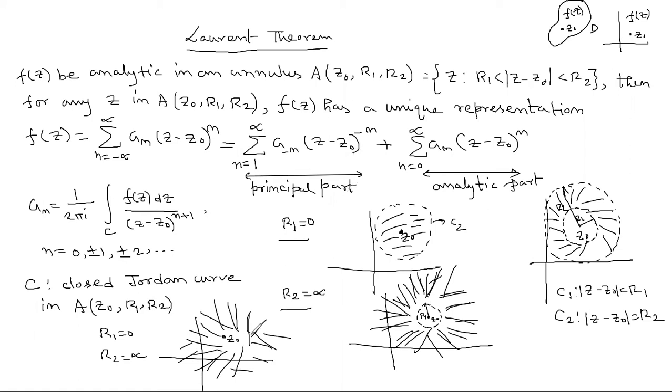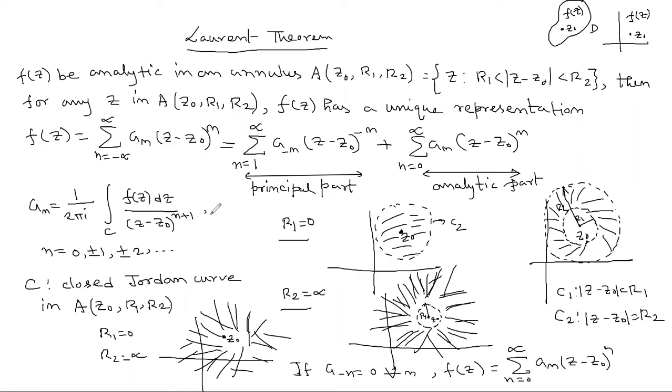Now, another important point about Laurent expansion: if the coefficients of all (z minus z0) power minus n, that means a minus n, are zeros for all n, then f(z) becomes summation n equal to 0 to infinity a n (z minus z0) power n, which is the Taylor's expansion.